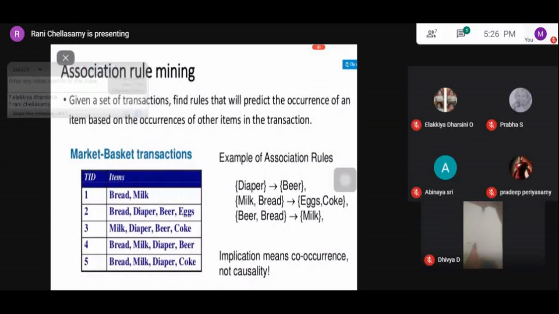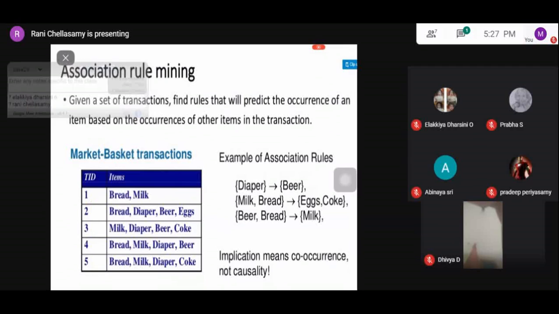For example, if you are given a market basket database with 5 transactions, listed by transaction ID 1, 2, 3, 4, 5, each transaction lists the items bought. In transaction 1, bread and milk were purchased.